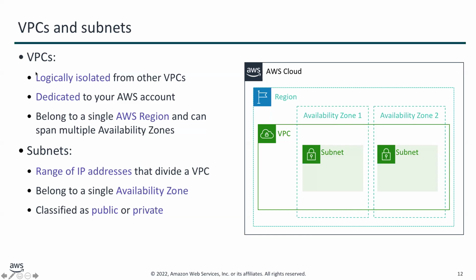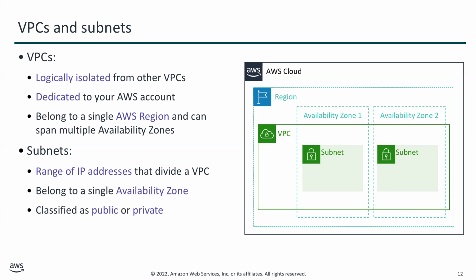So what's a VPC? It's logically isolated from other VPCs. It's a regional level service. You can create as many VPCs as you want within the region. Everything you create will be associated with your account, the root account or the IAM account you have created.